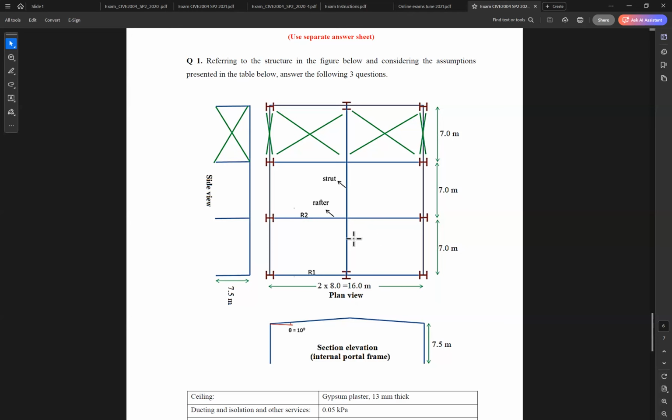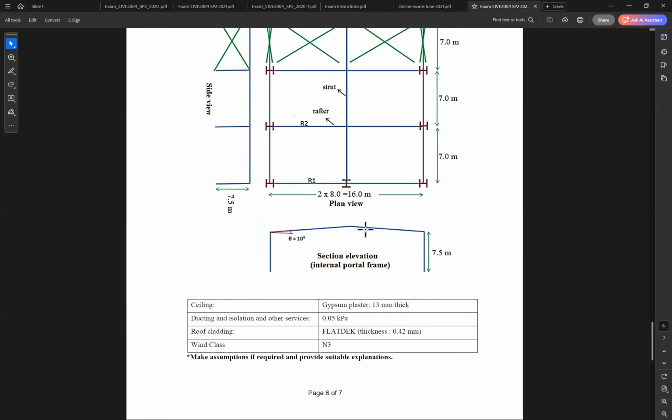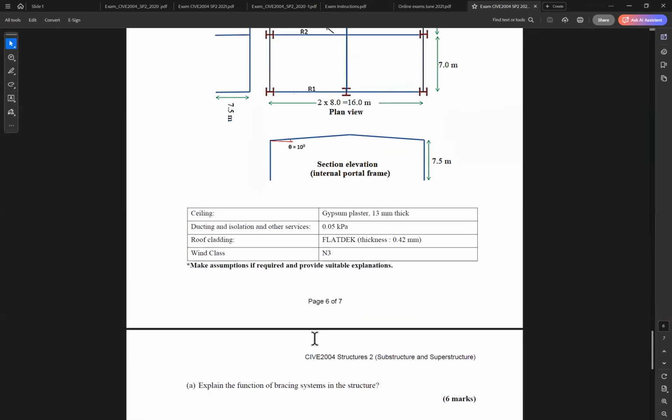It is like a shed similar to the project you have done already. Some of the data are given to all of you for the ceiling, for the surfaces, for the roof cladding or the roof sheeting, for the window glass as well. If anything else is not given, like the purlin size or the rafter size, you can assume.